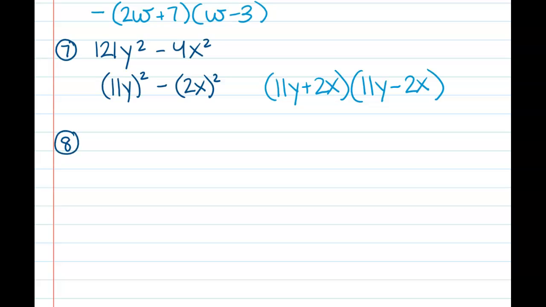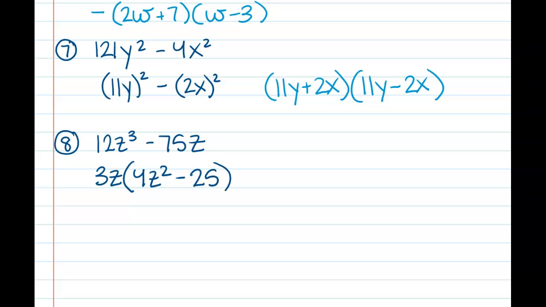For the next one, let's look at 12z cubed minus 75z. I see a cubed, which is good. I don't know if I can do anything with this, so I'm going to look for a GCF. I can take out a 3, and I can take out a z, and then I have 4z squared minus 25.